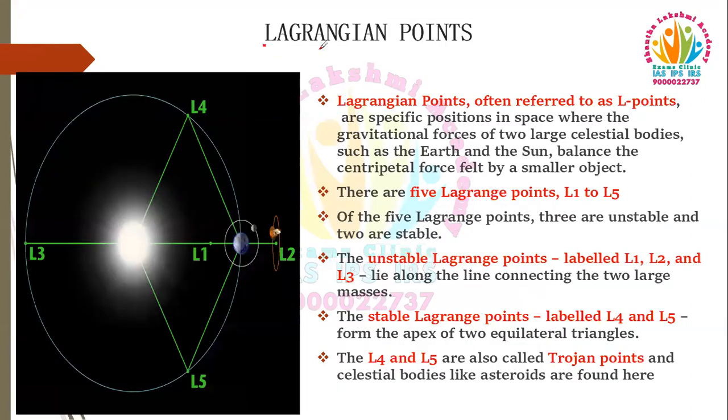Next, Lagrange points. You might be wondering why we placed the Aditya L1 mission especially at the L1 point. In order to understand this, first we need to know about the Lagrange points.